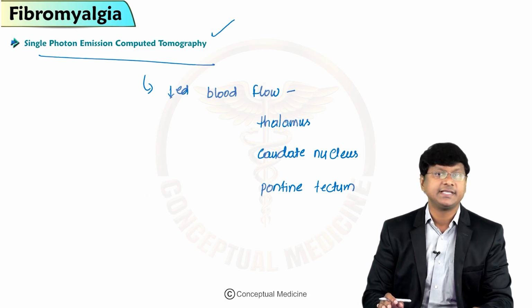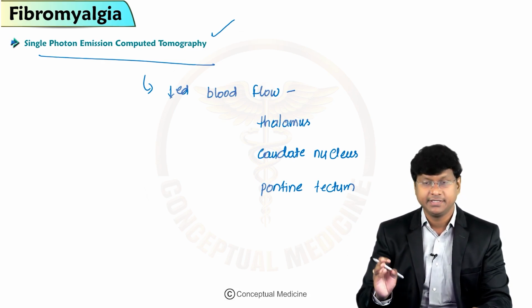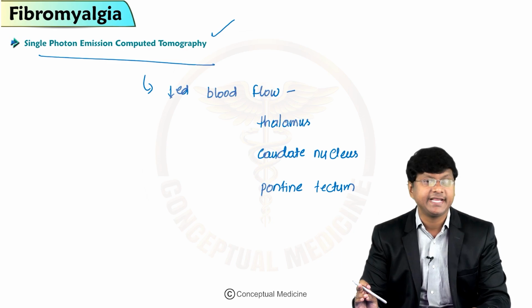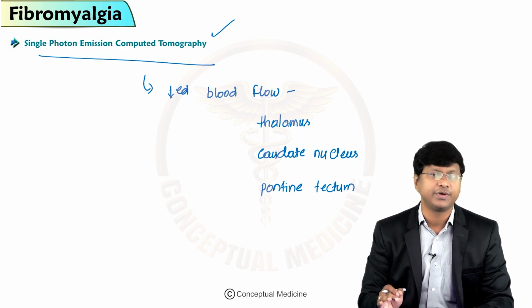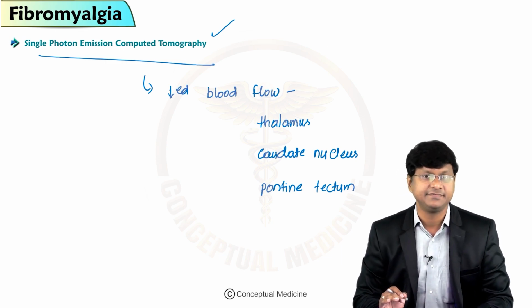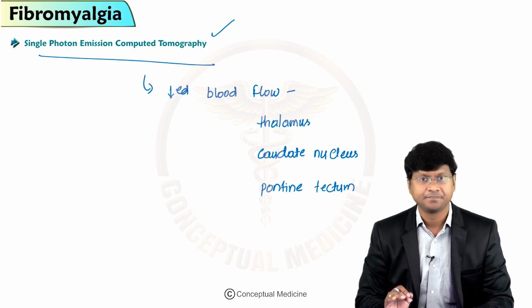So these are the areas in the brain involved in signaling, integration and modulation of pain. That is the reason why there will be abnormal perceiving of painful stimuli.